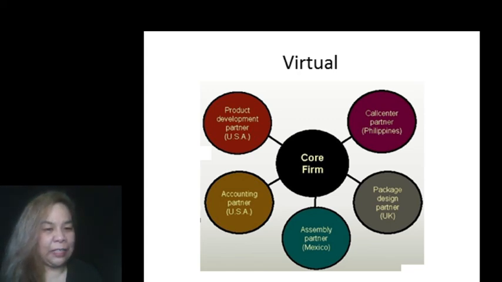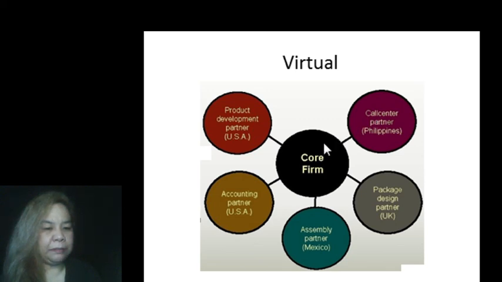If you look at how it is structured, you will say that virtual and network structures are actually very much the same. So in this example, we have a core firm, established somewhere and connected with the different organizations that offer the core organization certain services needed for its operations.